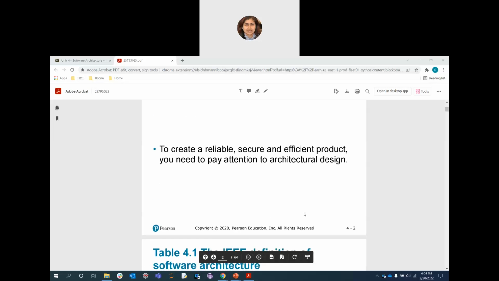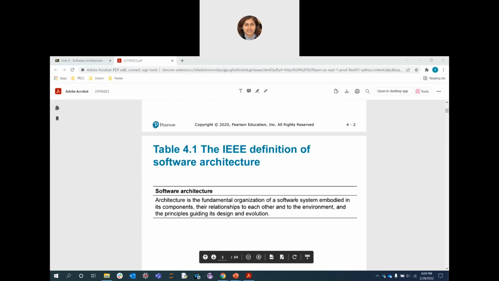Let's look into the IEEE definition of software architecture. It's basically the same thing that I just mentioned. IEEE is the most recognized standard for research and development.